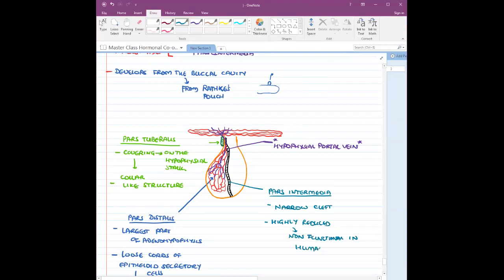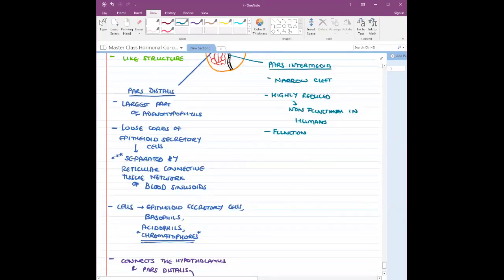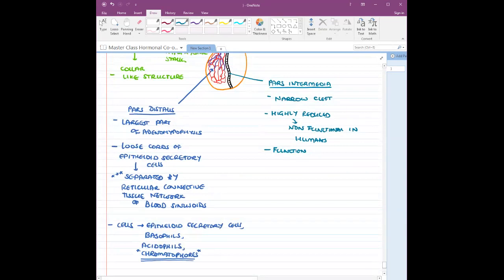However, guys, in lower organisms, this is completely functional. For example, your dogs, cats, lower organisms, yes, it is going to be functional. And if you're talking about lower organisms, what is it going to do?